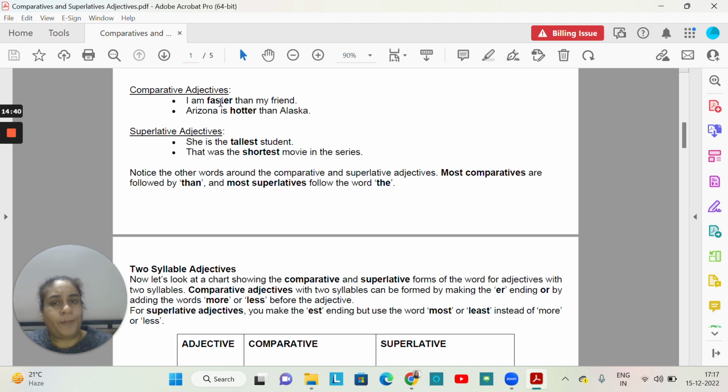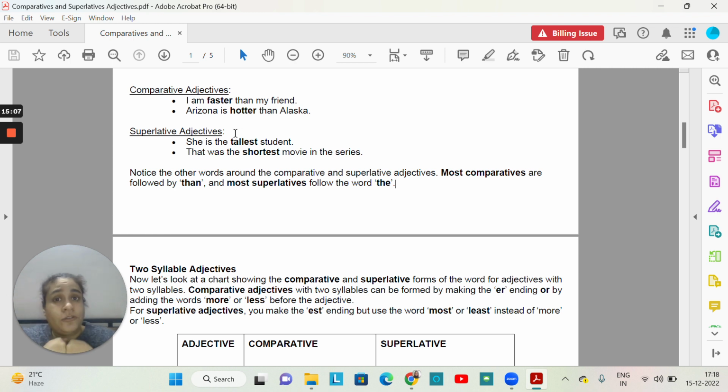Whereas if you look at a comparative adjective, the adjective is followed by than. THAN. So whenever you are comparing between two people, you will have a comparative adjective, then you will have than. You're comparing between two. That's the structure, that's the format. It will always be like that.